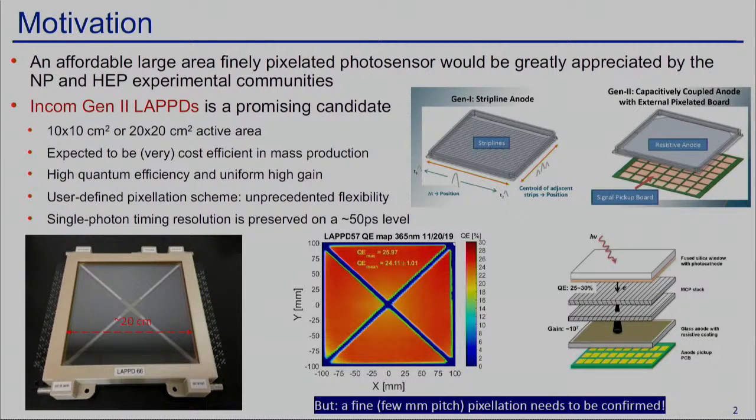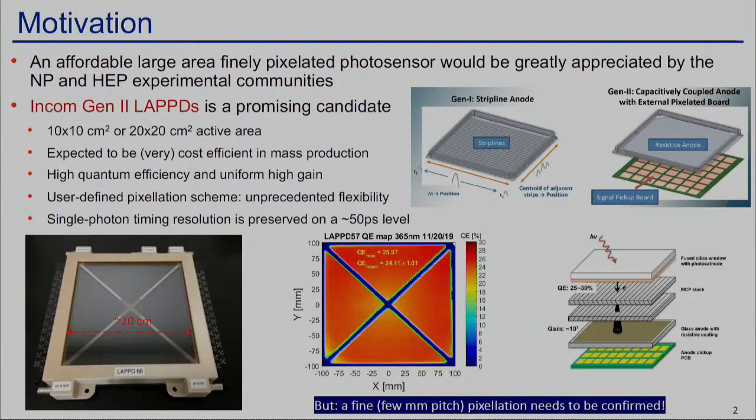Generation 1 is a strip-line internal anode, so you get a device 20 by 20 centimeters with 28 strips in it. Generation 2, as it is shipped, does not have internal structure at all, so the tile itself is pretty much uniform, and it is shipped with an 8 by 8 pixel pad.